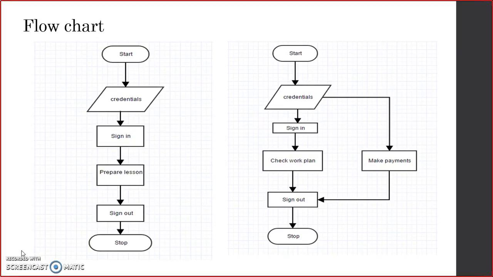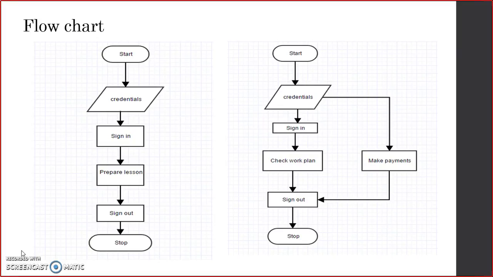So the flowcharts, we have the start and one inputs the credentials, a process of signing in takes place, then the process of preparing a lesson, then signing out, then the process stops. This is for preparing a lesson for the actor instructor.